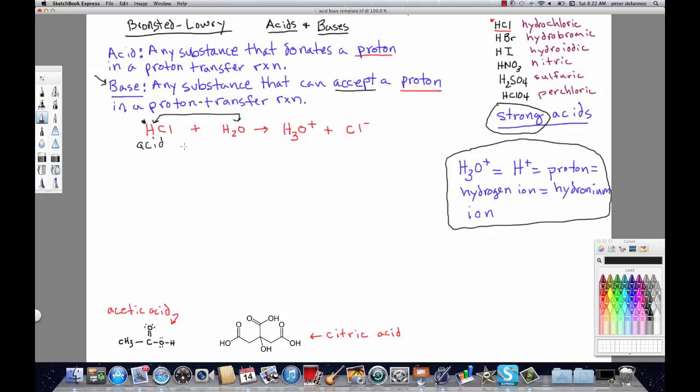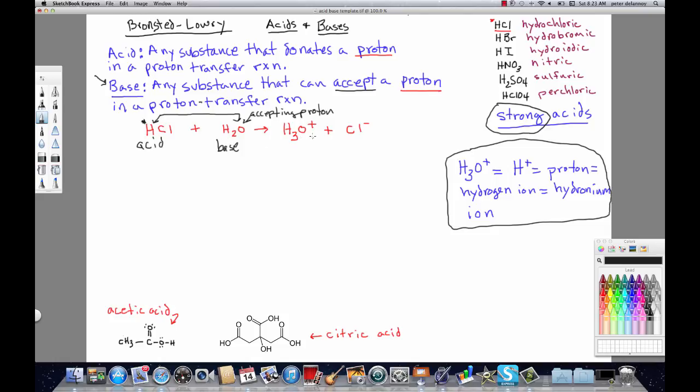And you can see that what's going on here when we take the hydrochloric acid and we dissolve it in water, is that the water molecule is actually accepting the proton. It accepts the proton. And therefore, in this relationship, the water is actually operating as a base. So I'm going to go ahead and label it that way.